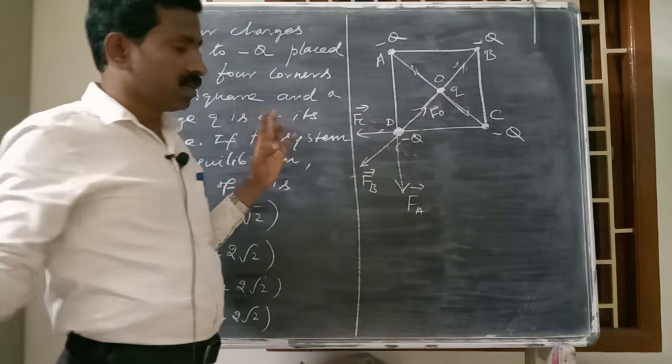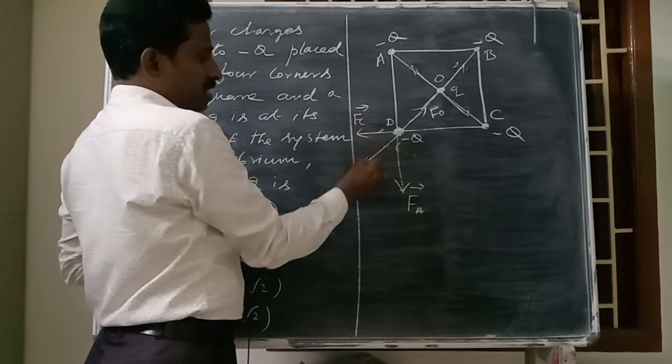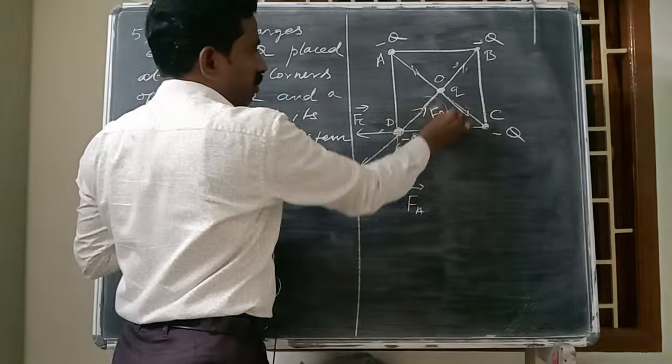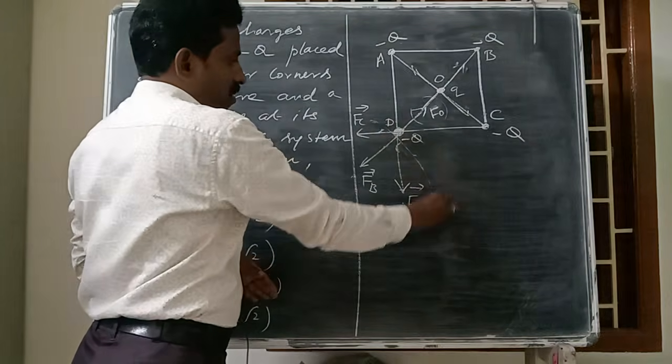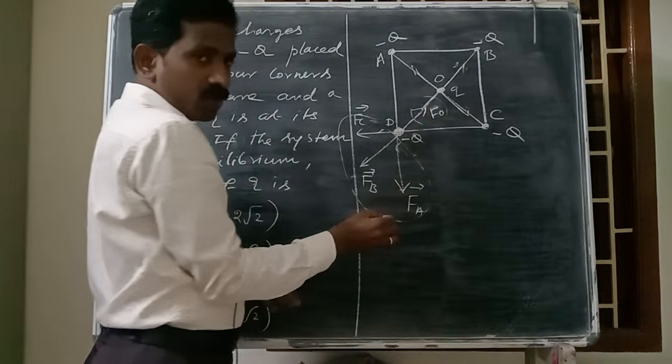So now, these 3 forces FC, FB, FA are acting in this direction. Only one force FO is acting in the upward direction. So the resultant of all these 3 forces should be equal to this upward force.